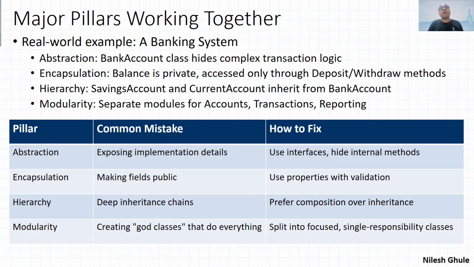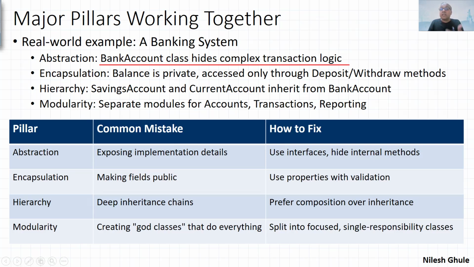Consider a simple banking system. In a banking system, you have a bank account class, and this bank account class can have some balance, some account holder information, some deposit and withdraw kind of functionality, and so many different things. But abstraction is hiding all those complex details and providing you some simple interface, allowing you to deposit some amount or withdraw the amount.